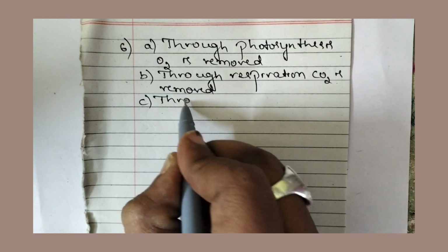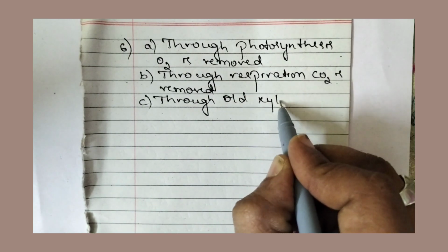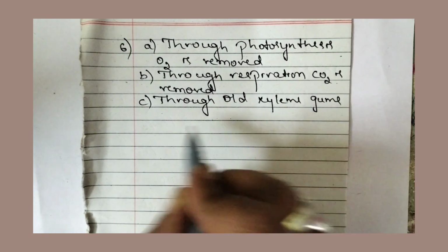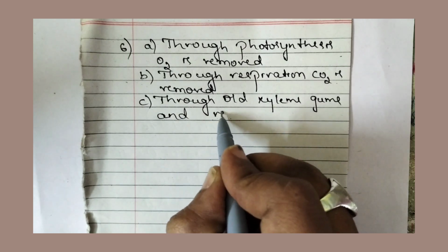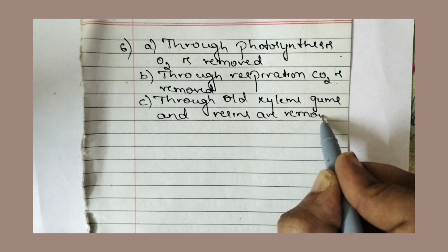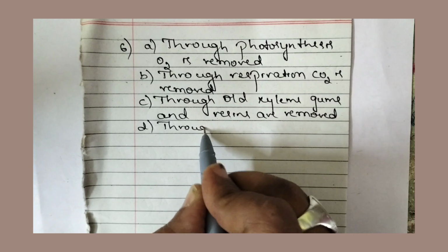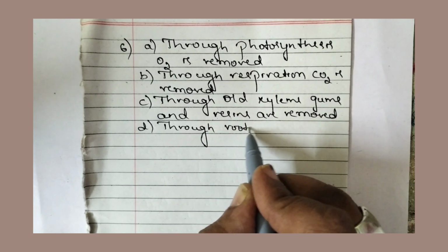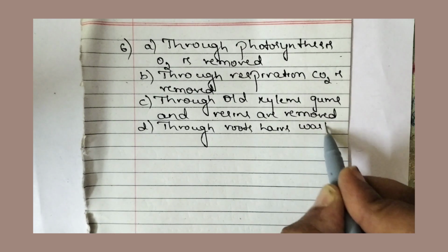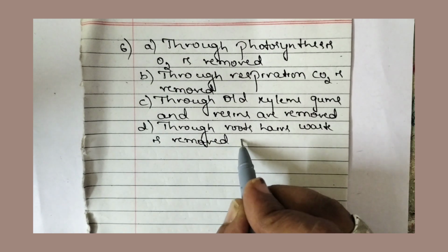Through old xylem, gums and resins are removed. Through root hairs, waste is removed into the soil.